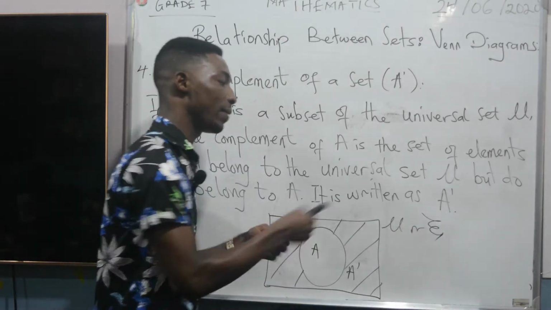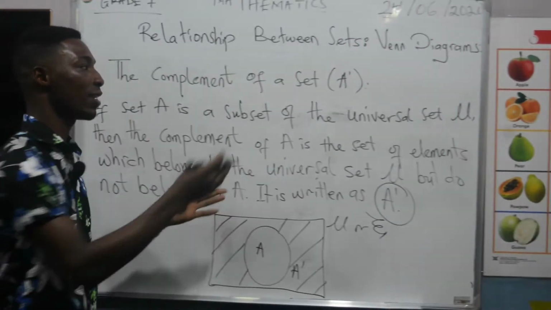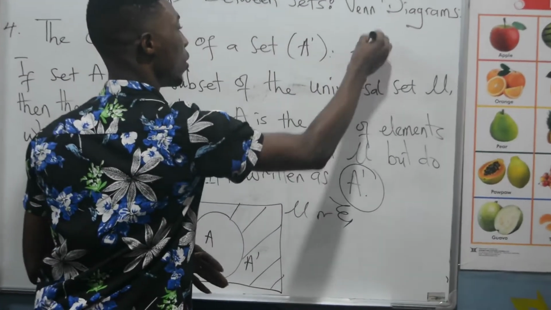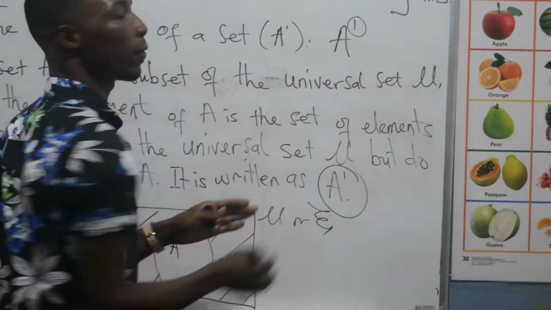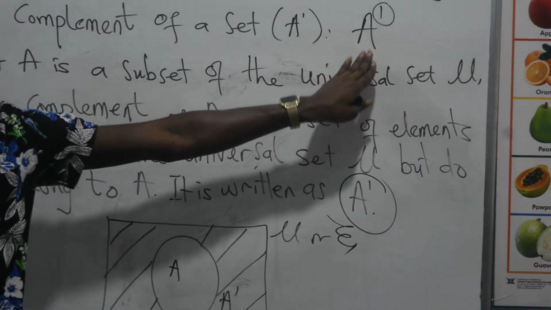If you want to write the complement of set A, you write it as this. Once you put this prime on top, it means that these elements are not in set A.